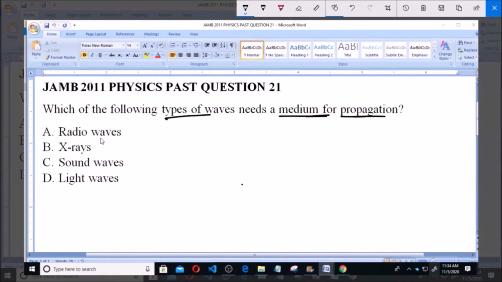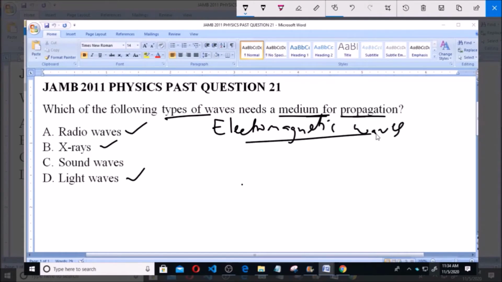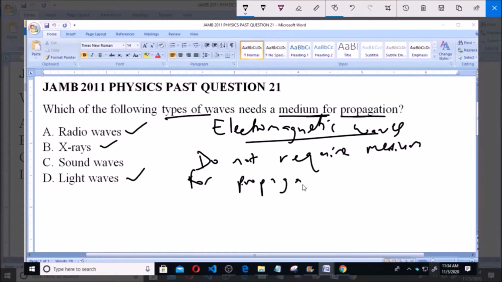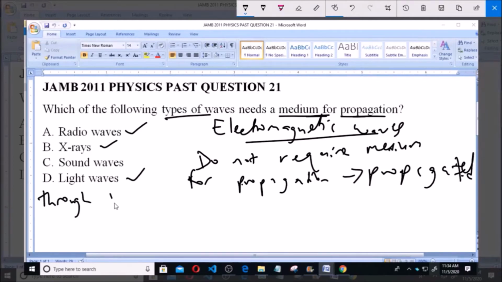Now, to answer this question, it will be important to first note that radio waves, X-rays, and light waves or visible light are classified as electromagnetic waves, and these waves do not require a medium for propagation. That means they can be propagated through vacuum.